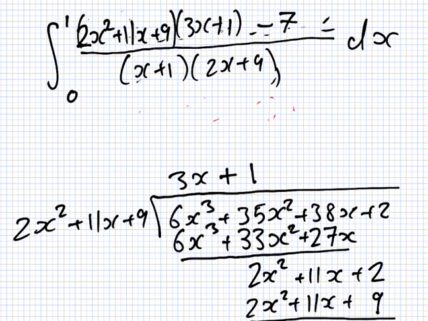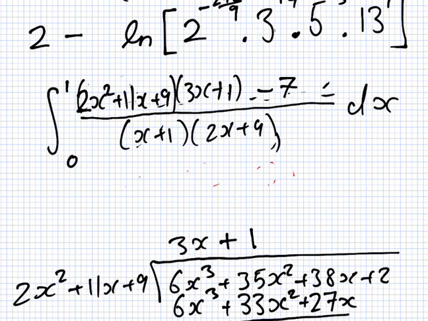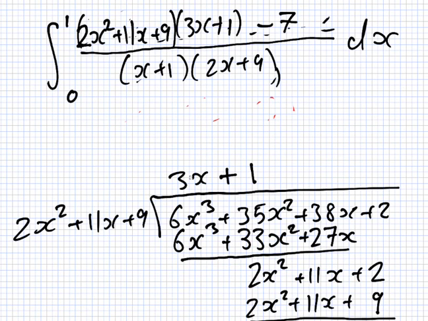Okay, now what I do is I separate this into 2 pieces. Can I remove this long division here? Yes? Or I'll leave it, I'll just write it in underneath here.